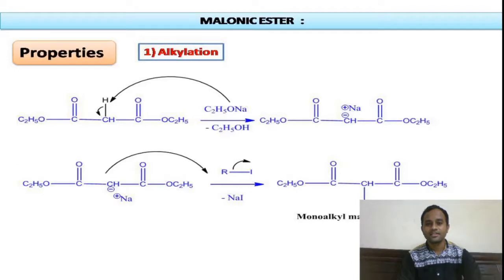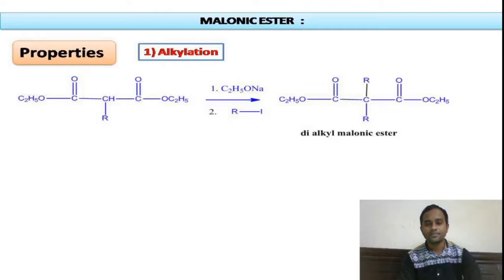In simple words, when we subject malonic ester, that is an active methylene compound, to the base followed by alkylation with the alkyl halide, we will get alkylation at the active methylene carbon, that is monoalkyl malonic ester.